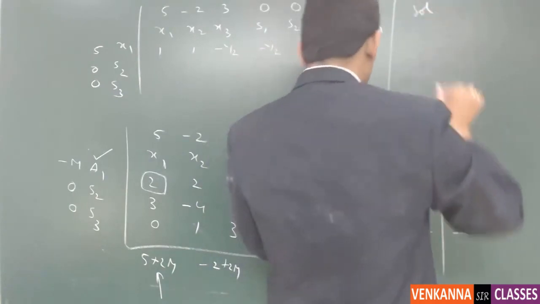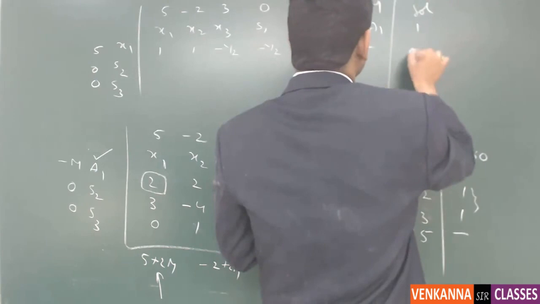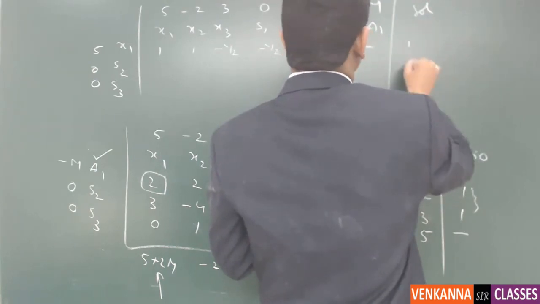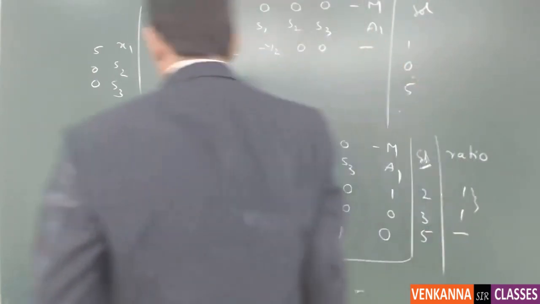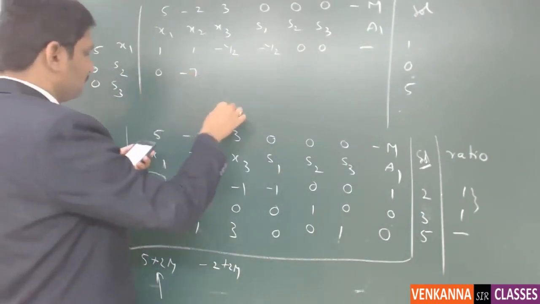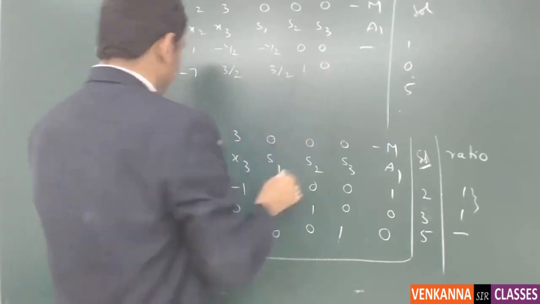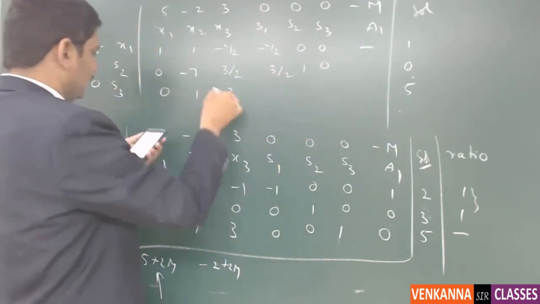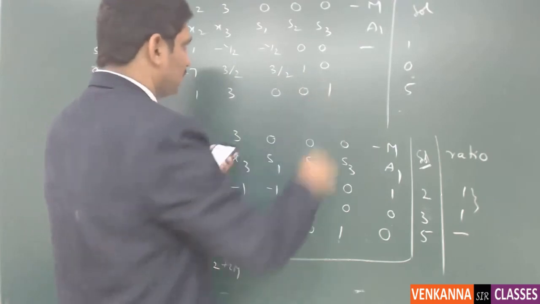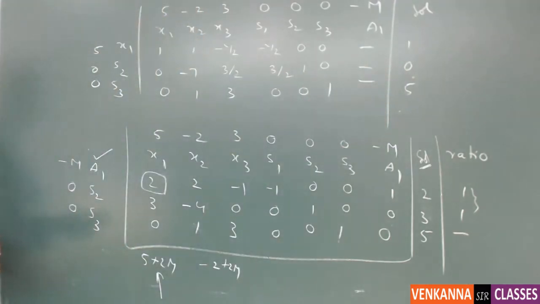Solution, you are going to take it as 1, 0, 5. Zero, minus 7, 3 by 2, 3 by 2, 1, 0, 0, 1, 3, 0, 0, 1. This column we violate. So this was the next table.